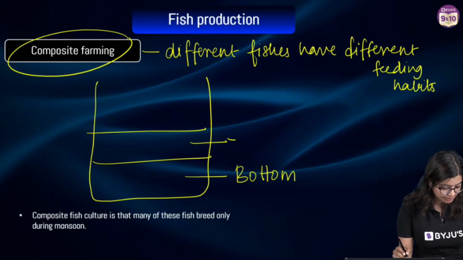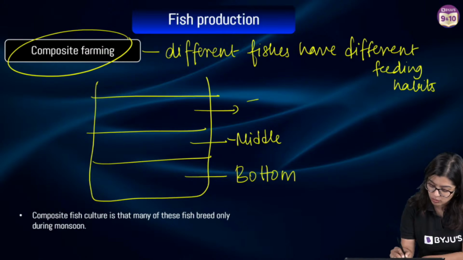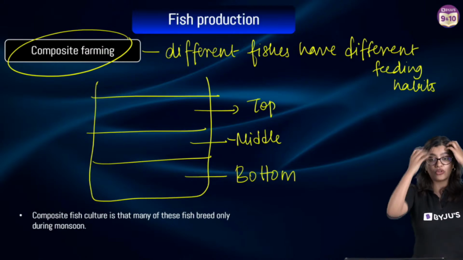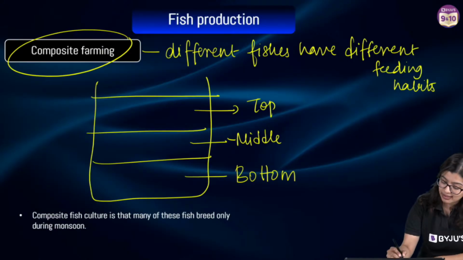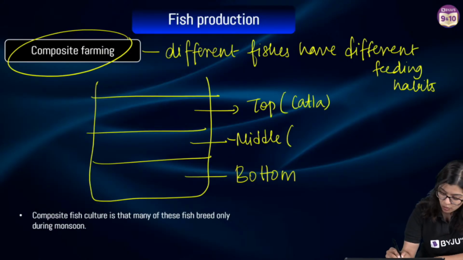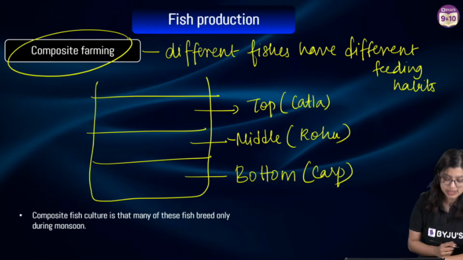Some are found in the middle, so we will call them middle zone feeders, and some are top dwellers or are found on the top, right? So here what do we see? We see that Katla is an example of a surface feeder, right? Then I have rohu, which is normally a middle zone feeder. Then I have carp. I told you, remember these three because it will come in handy, which is in the bottom.